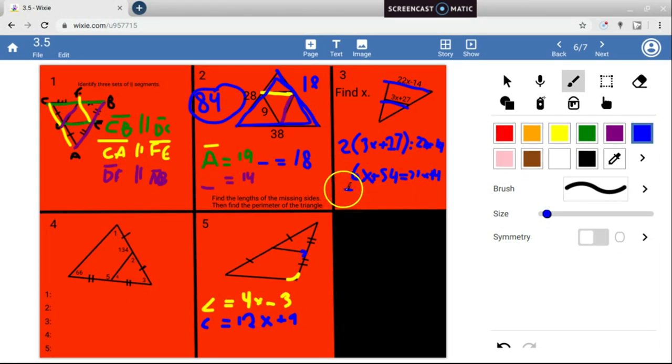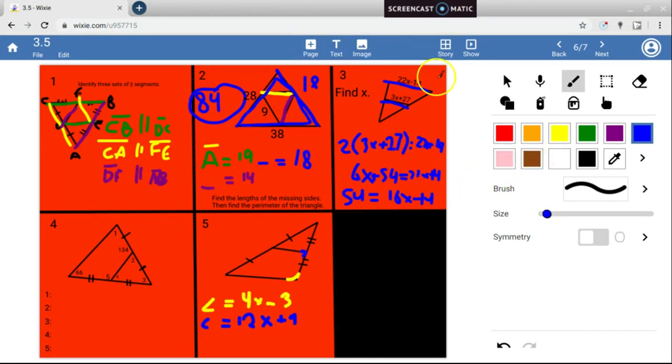So we have 54 right now equals 16x minus 14. You add the 14. So 54 plus 14 is 68. Then you have 16x equals 68, and we have our 68 divided by 16, which would give you 4.25.